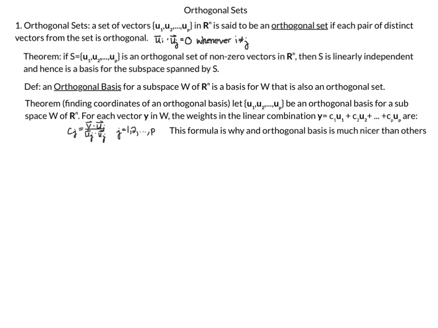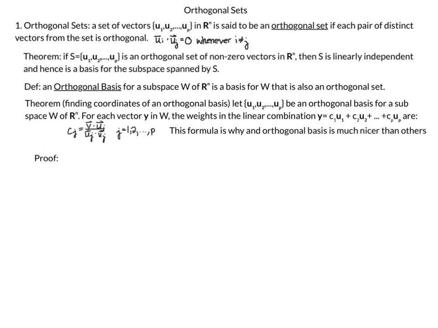In particular, if we let u1, u2 up to up be an orthogonal basis for a subspace W of Rn, then for each vector y in W, the weights in the linear combination, when we write y as a linear combination of our basis vectors, the weights c1, c2 up to cp, can be given to us by this formula. So c sub j, in other words, if we're looking for the c2 coordinate, c2 would be equal to y dot u2, divided by u2 dot u2.